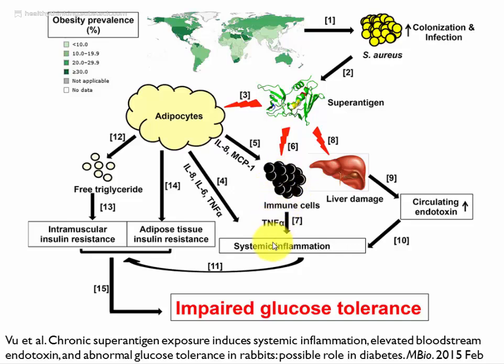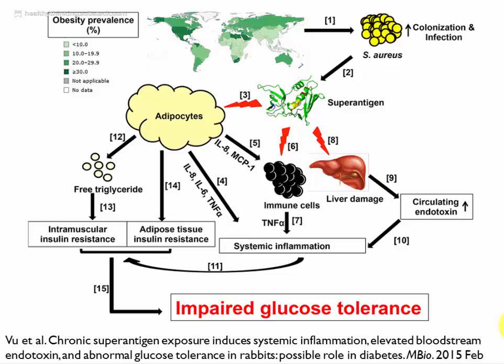The immune response is increased systemic inflammation, and from the adipocytes, we see intramuscular insulin resistance and adipose tissue insulin resistance. That, of course, is going to result in hyperglycemia, or what we see clinically and measure with our laboratory tests as impaired glucose tolerance, insulin resistance, and type 2 diabetes.